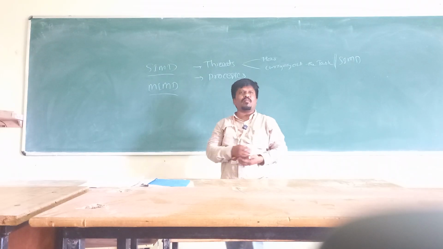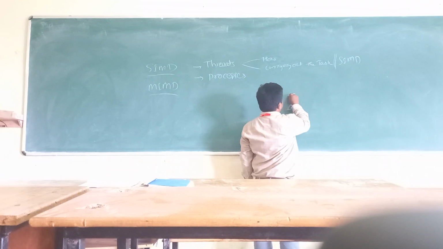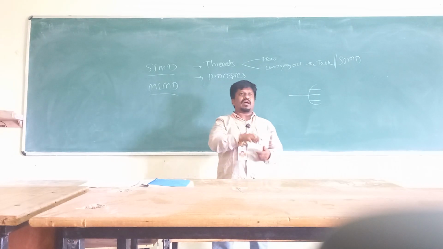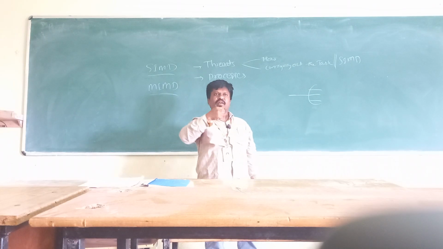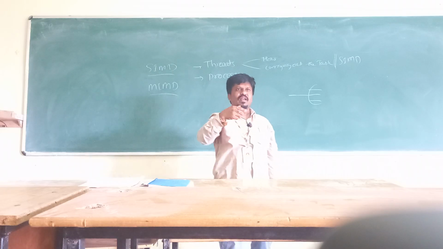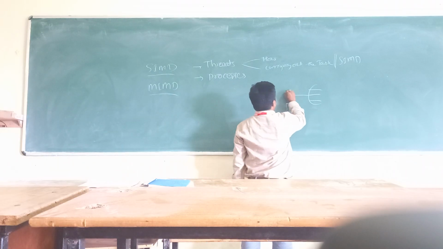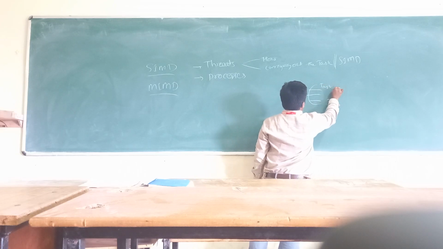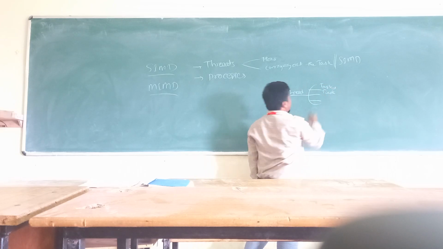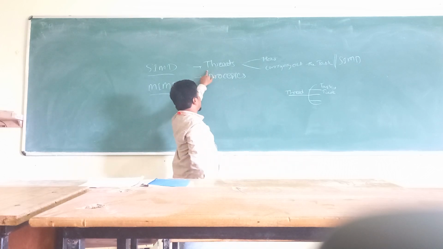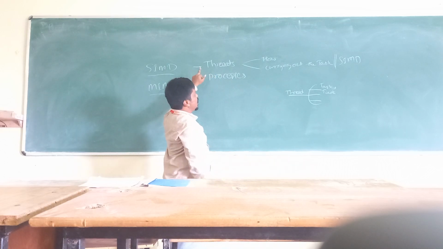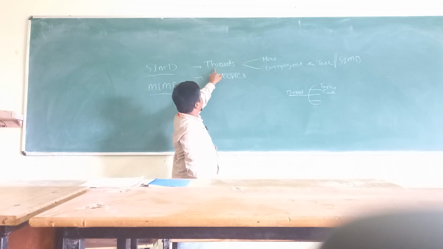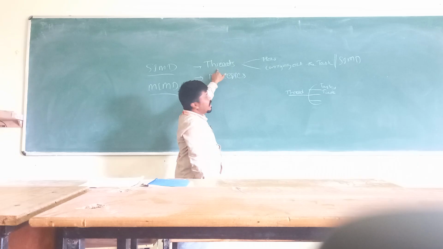Here a thread becomes like a fork, and a fork can have multiple options. Similarly, one thread can carry out multiple tasks. So when I give the lecture on SIMD, single instruction multiple data, I'll be frequently using the word threads.